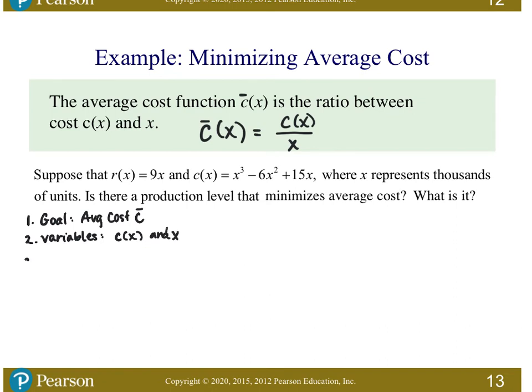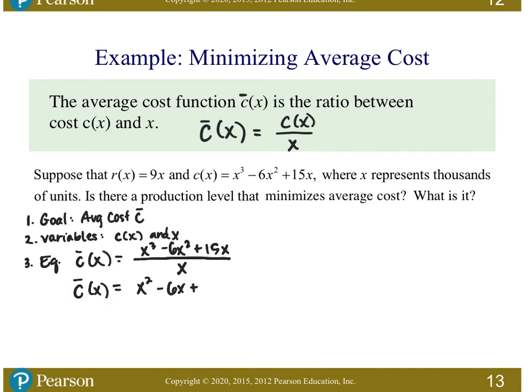Our equation, C bar of x is x cubed minus 6x squared plus 15x, all divided by x. Now that reduces very nicely. So C bar reduces to x squared minus 6x plus 15.